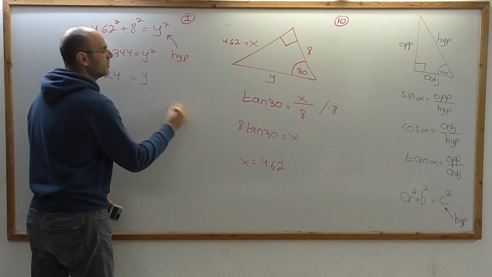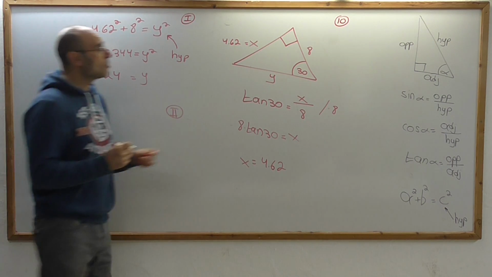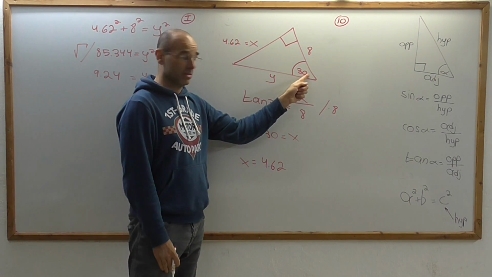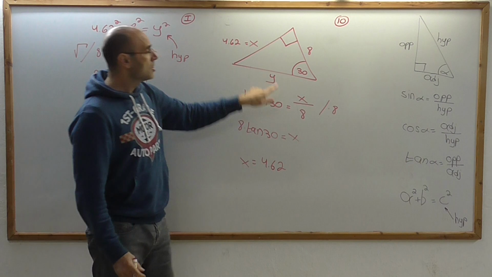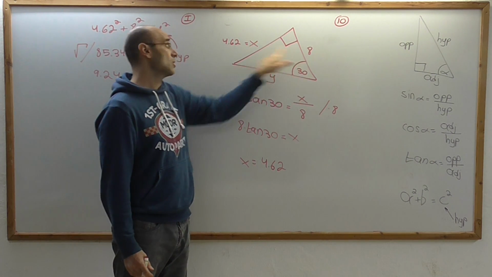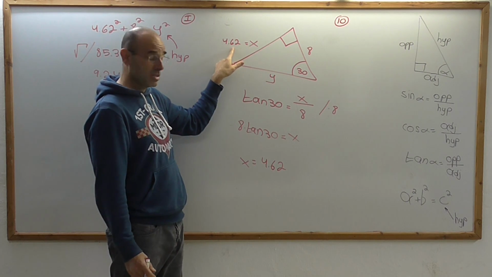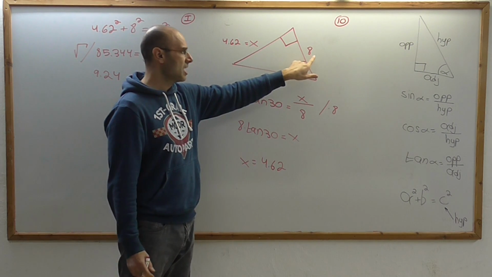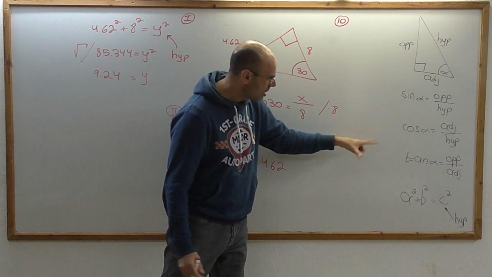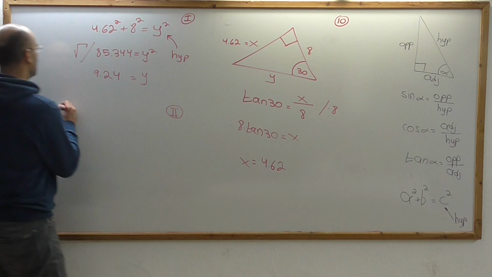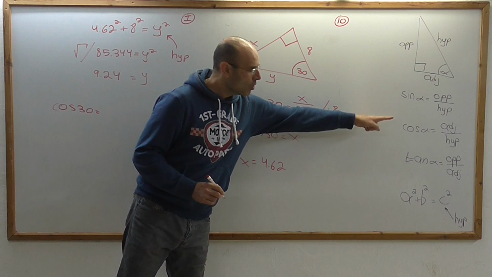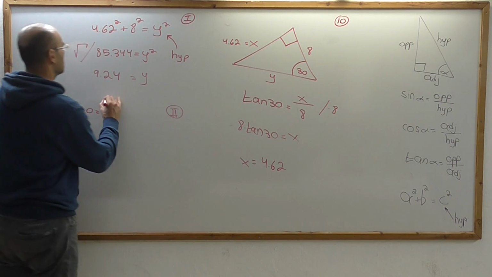Let's try another way. Suppose I want the y and I want to use the 8 and this angle. I want to use one of these. I want the hypotenuse and I have the adjacent. Edge, hip, cosine. Cosine 30 equals edge over hip. Edge is 8.